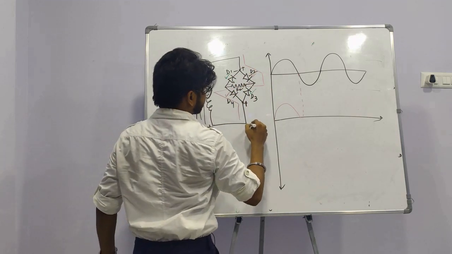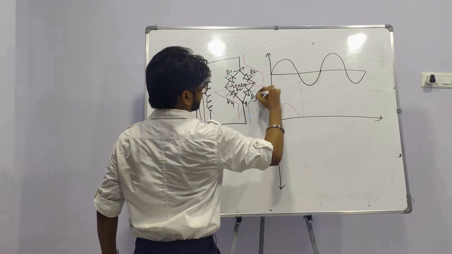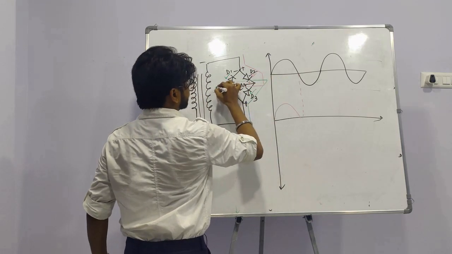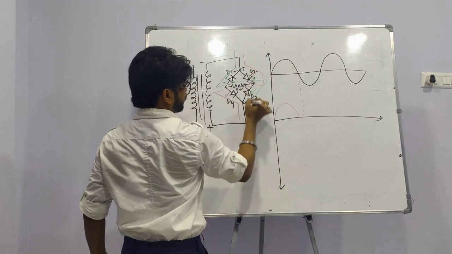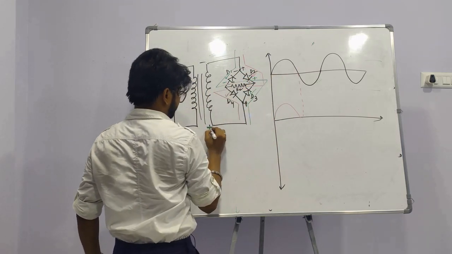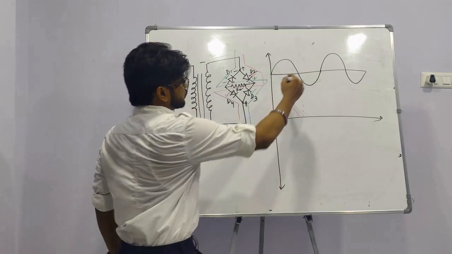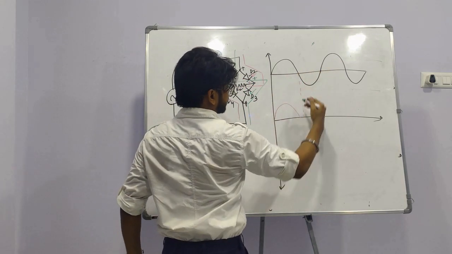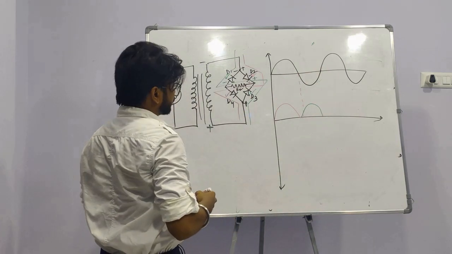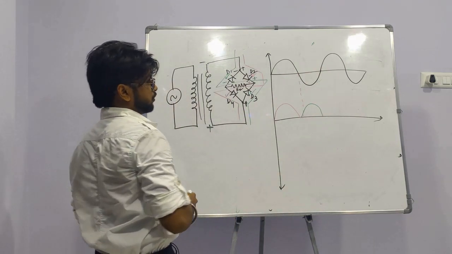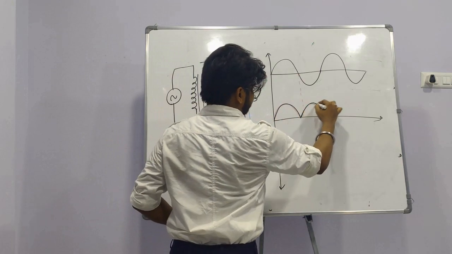So current flows in this manner, from here to here, positive to negative, because this is positive. So we got the full wave rectifier output. So the output is in this manner.